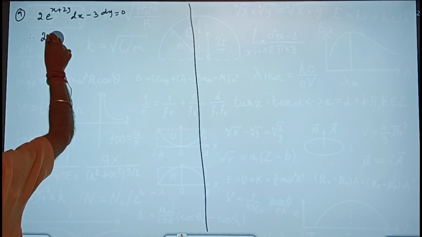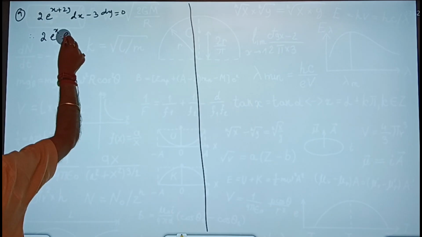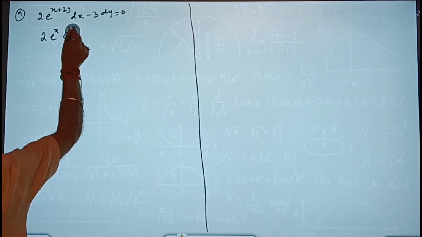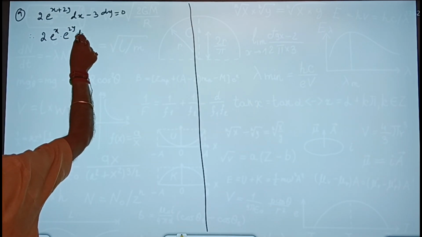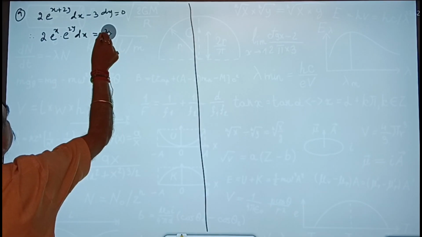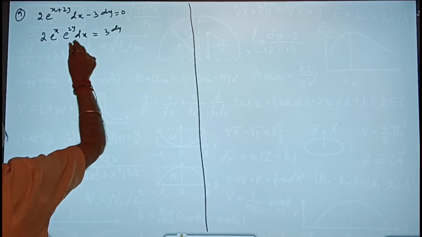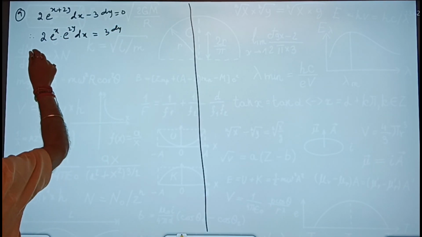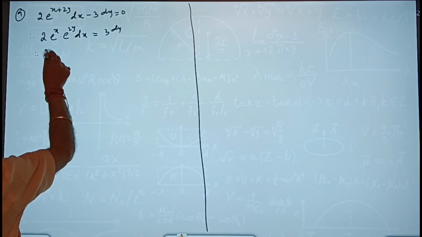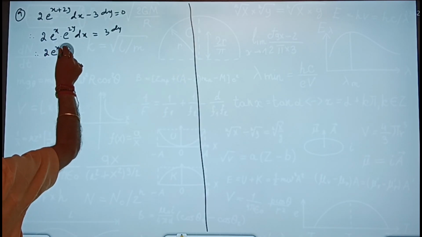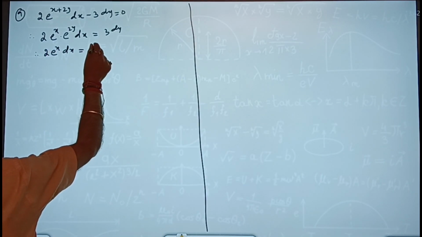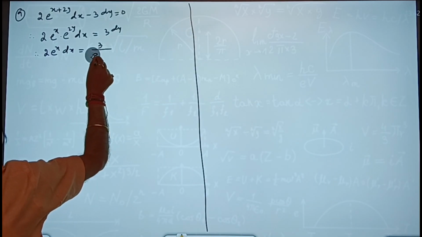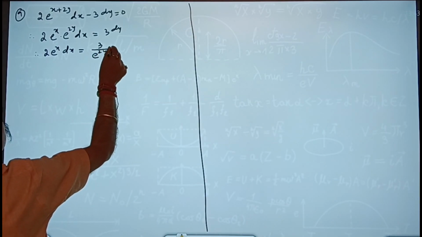Law of indices will give you 2 e raised to x into e raised to 2y dx is equal to 3 dy. e raised to 2y divide on that side: 2 e raised to x dx is equal to 3 upon e raised to 2y dy.